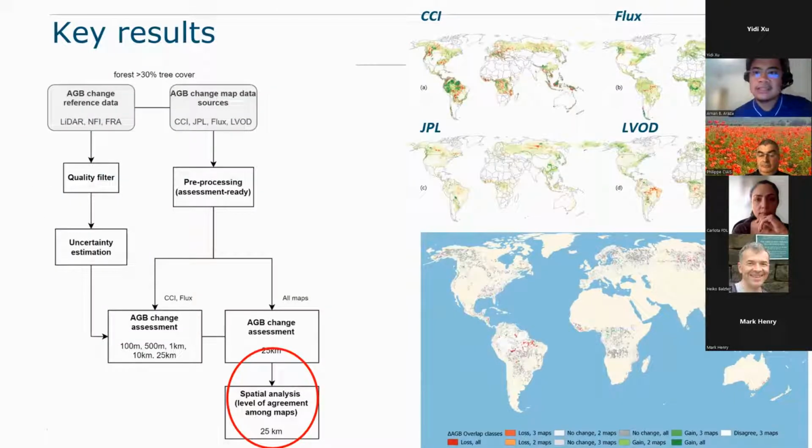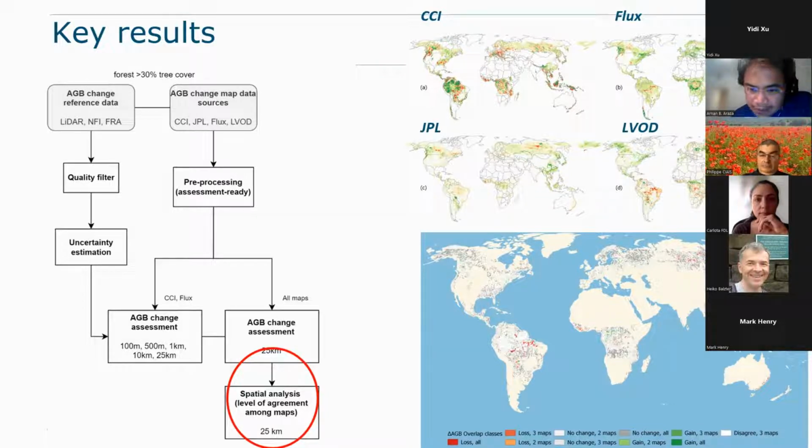It's quite an interesting figure also. We try to map the changes on the top right figure with, of course, red is loss and green is gain. So for the four maps, we try to overlap each one of them into this figure. So if you see a redder pixel, it means that they all agree on biomass loss. And if you see a greener pixel, it means that most maps agree on biomass gains.